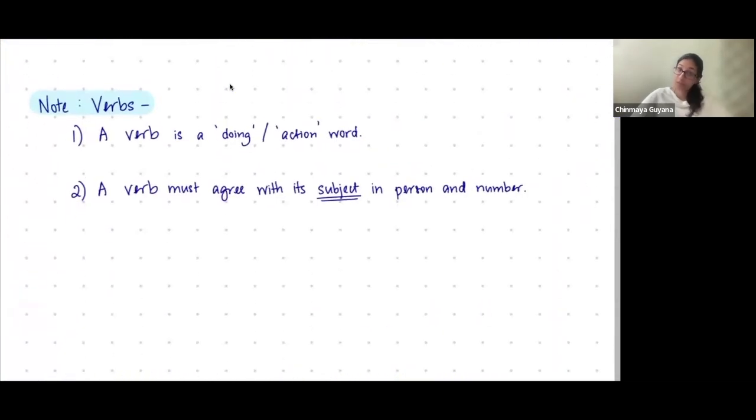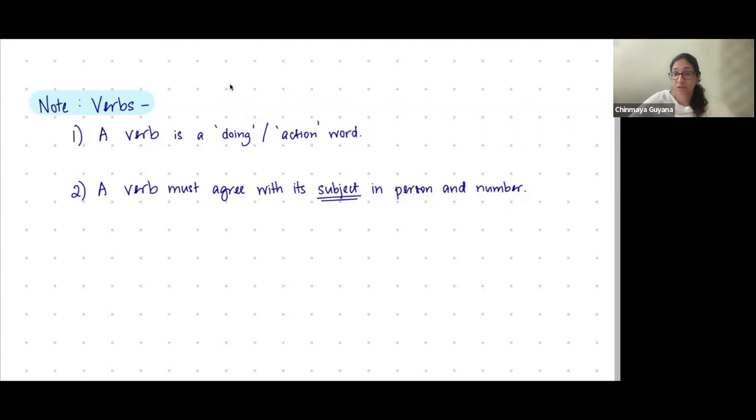Then verbs. There's much more to be said and many more notes to be given about verbs, but just this much so far. A verb is a doing or action word. That is English, right? What is a verb? It's a doing or an action word. A verb must agree with its subject, meaning the subject that is being talked about in the verb, in person and number. That you must think about as we go along, so you don't make that mistake.